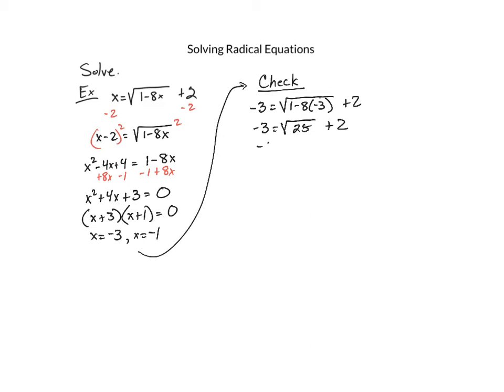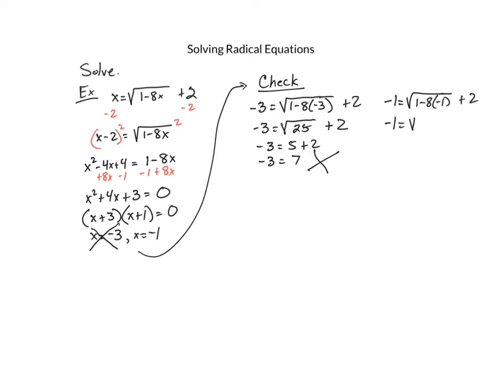So I have negative 3 equals 5 plus 2, or negative 3 equals 7. Definitely not true. So in fact, negative 3 is not a solution. Let's check negative 1. Negative 1 equals the square root of 1 minus 8 times negative 1 plus 2.